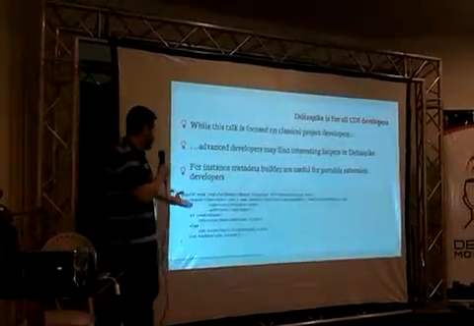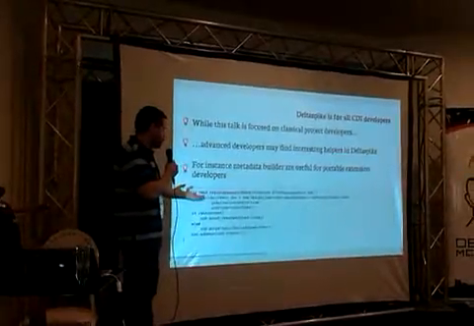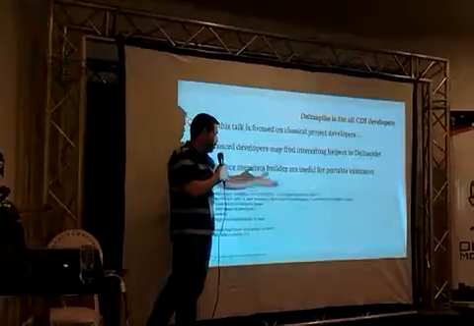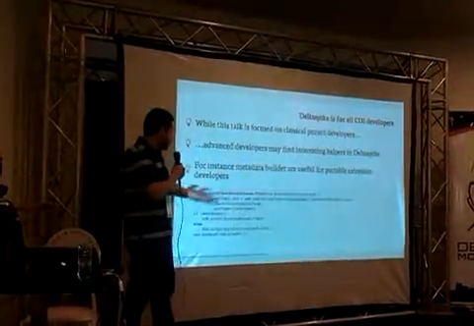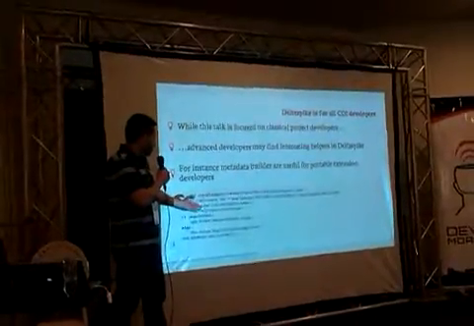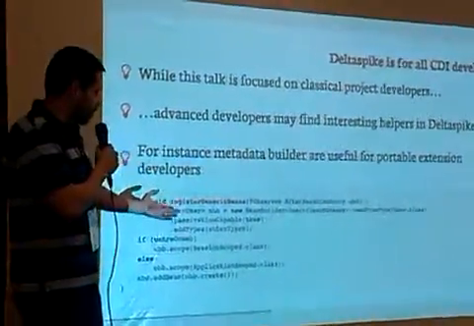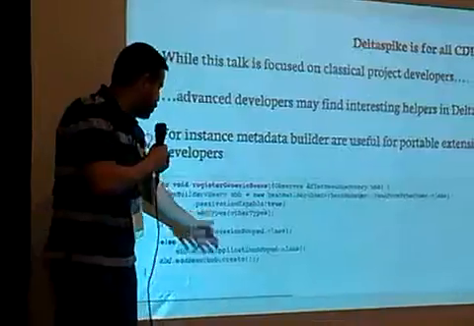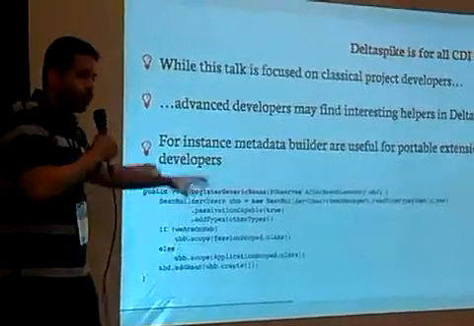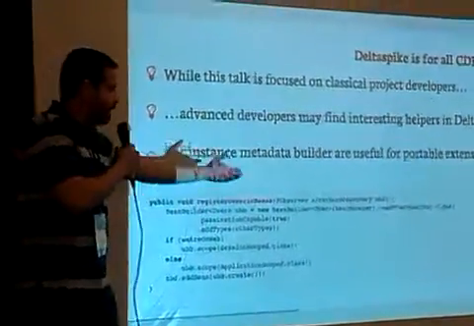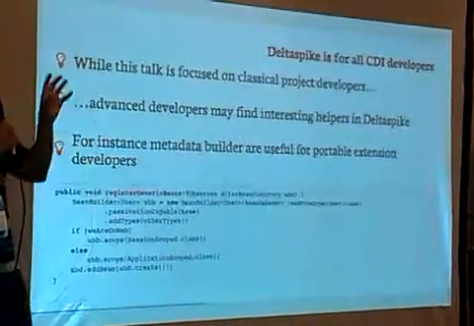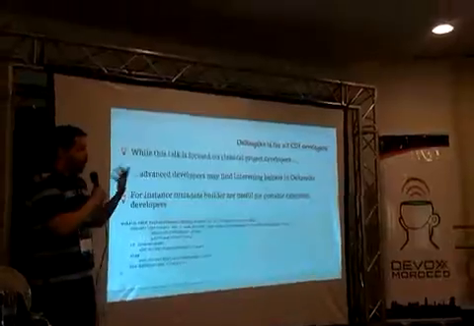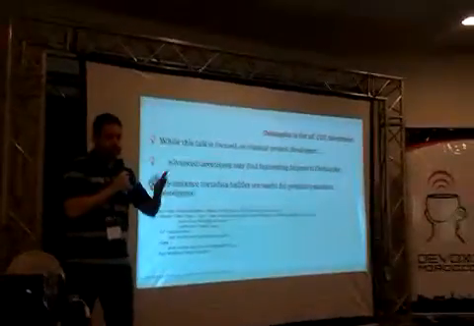You have the BeanBuilder class, which you can use to read a specific class, and then you modify it by calling the BeanBuilder methods like addTypes, addScope, session scope, application scope, and then you modify that user class to add that scope and make that class available. This is how DeltaSpike can help you to build your extension.